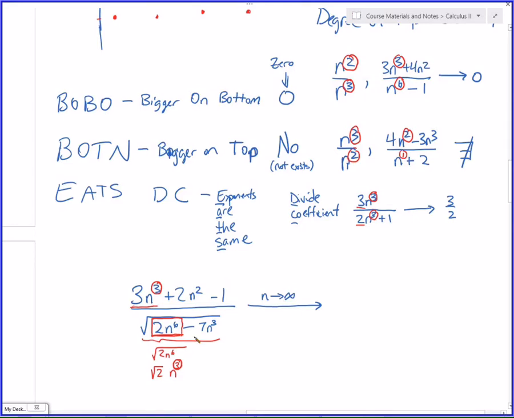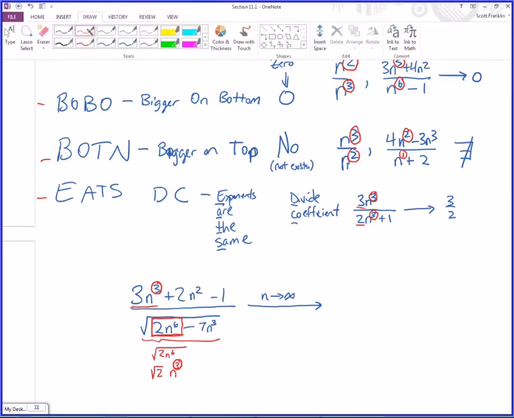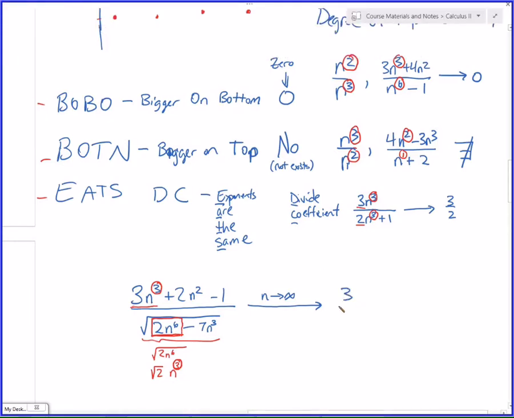Now apply EATSDC. Is it 0, is it nonexistent, or is it the same? It's the same. So what does it go to? 3 over the square root of 2, or 3 root 2 over 2. Yeah. The other terms do not matter. For large n, they aren't significant.